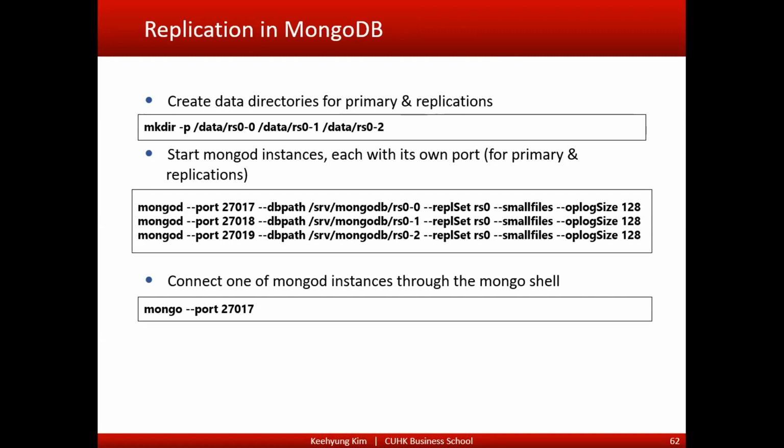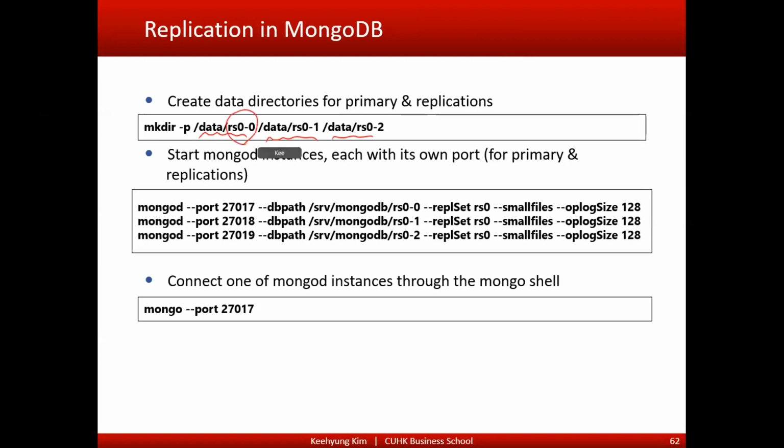code. The first code here is basically making a directory. mkdir is a command you can use in Windows or Linux or even on a Mac system, which is for making a directory. So here I make 3 directories. Basically, each directory is to save the data set for each part.